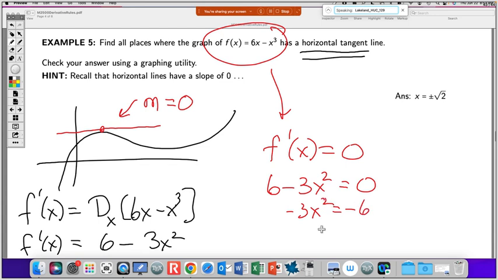Then I could get x squared by itself by doing what? Divide by negative 3. And then last but not least, how do I get x by itself? Extract square roots. Since I'm extracting an even root, I could have either a positive root 2 or a negative root 2.